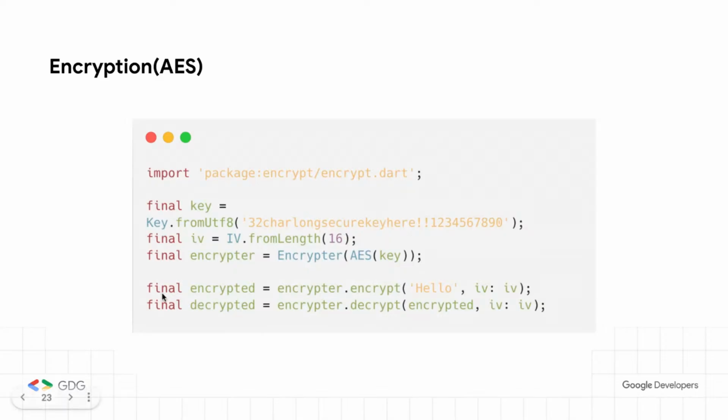If you see, final encrypted equals encryptor, which is the object, dot encrypt, you apply the IV, and using the same thing I can decrypt also. So it is very important to store this in secure storage, and no one should have access to this, because then there is no point of encryption if the key and IV are accessible.